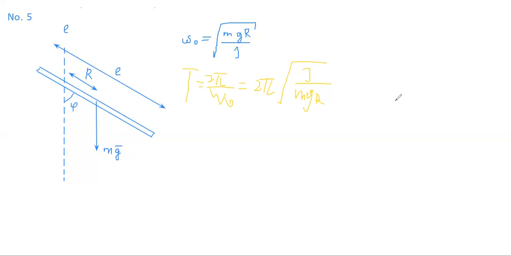Okay, this value T will be minimal when the expression under the square root is minimal.